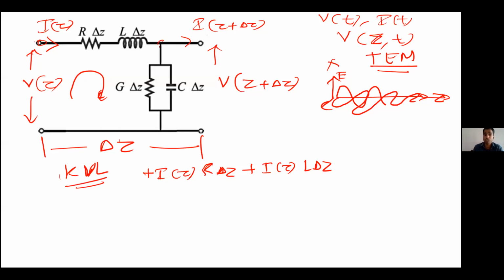So what is the potential here? Here it is V of Z. Here it is V of Z plus delta Z, right?